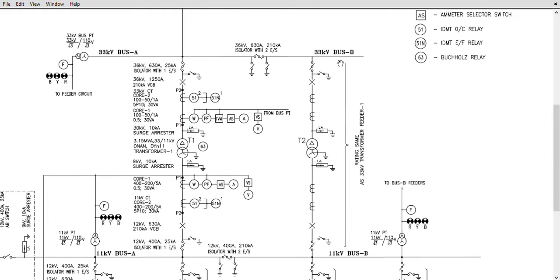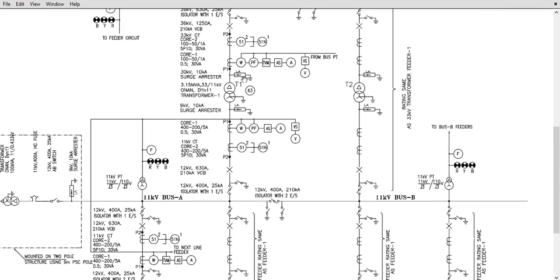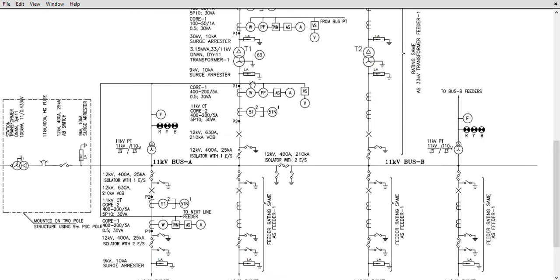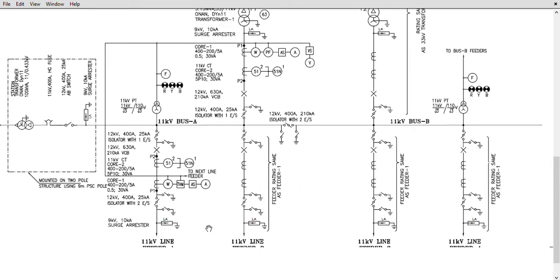This is another 33 kV transformer bay. So here we have a transformer, and hence from 33 by 11 kV step down happened. Here this is an 11 kV transformer bay, here also one 11 kV transformer bay, and here we can see 1, 2, 3, 4. Total we have 4 number of 11 kV feeder bays.